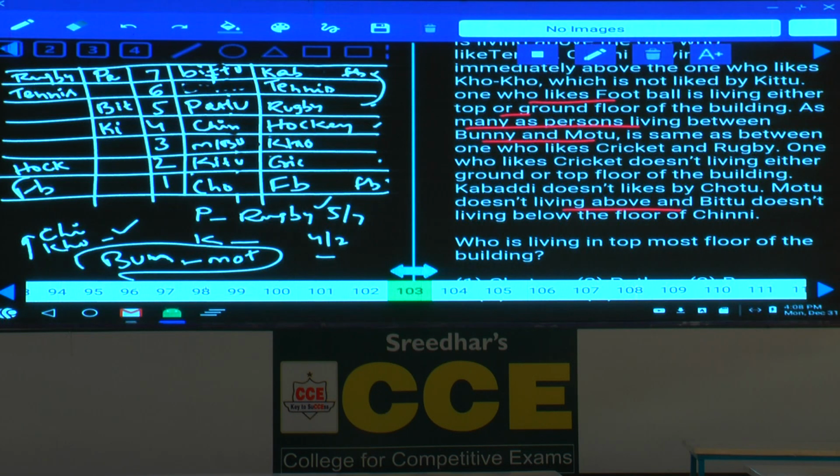As Bittu cannot be here, where should Bittu be? Motu does not live above Chinni, and Bittu does not live below the floor of Chinni. As Motu does not live above Chinni, who is the person who lives above Chinni here? Now Bittu will be finalized here.